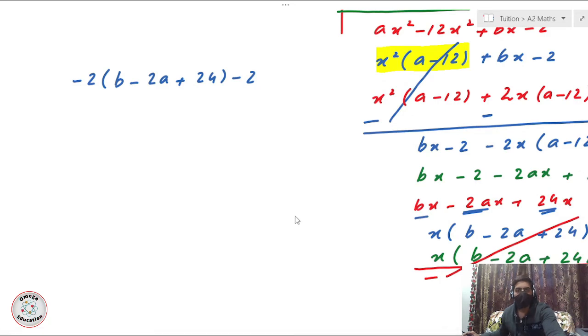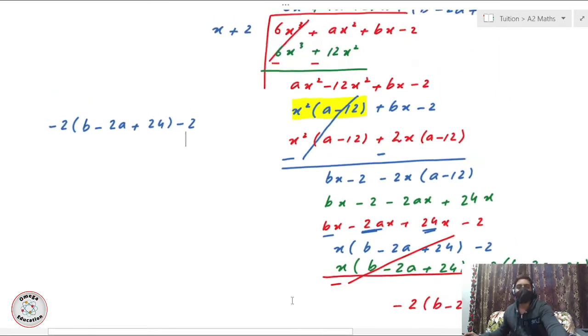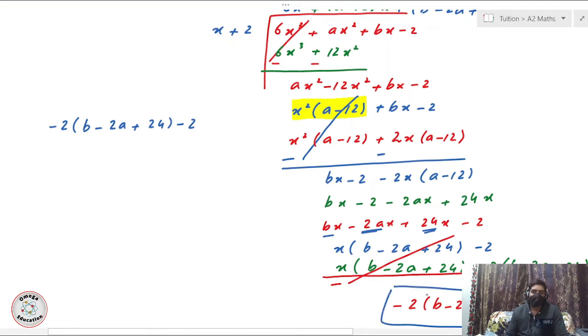We can't do anything further on it because it can't be further divided. And you know the rule, because we can't divide it because the degree or the maximum power of this term in terms of x is less than the maximum power of this term.